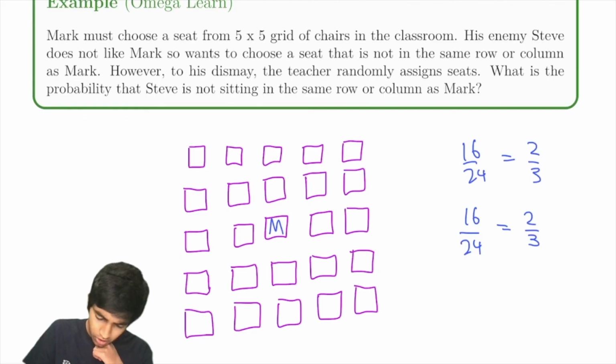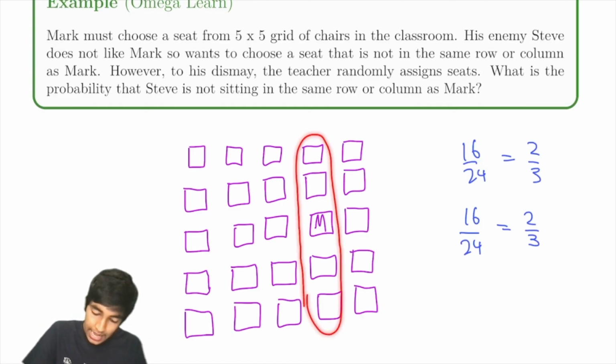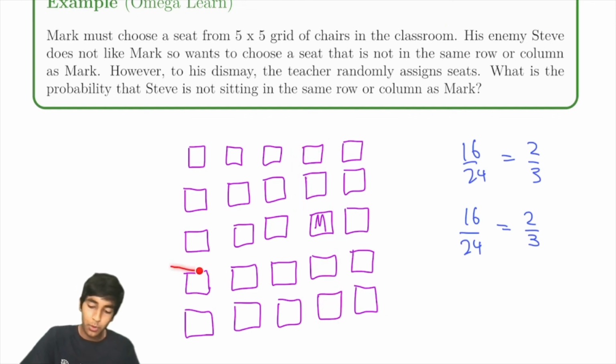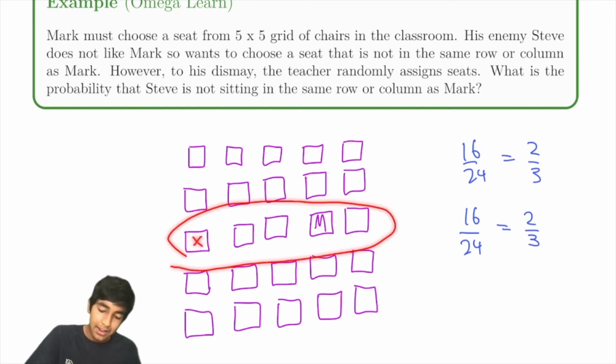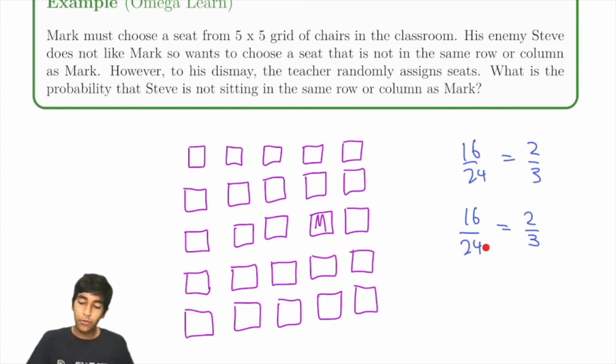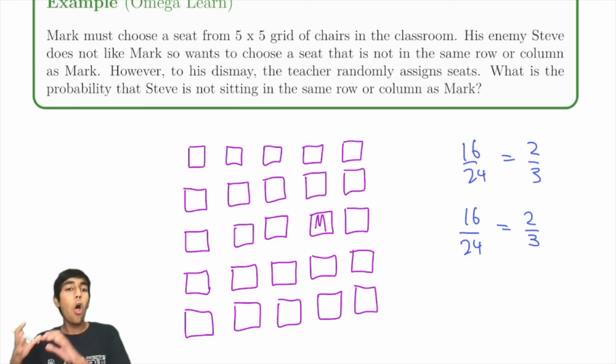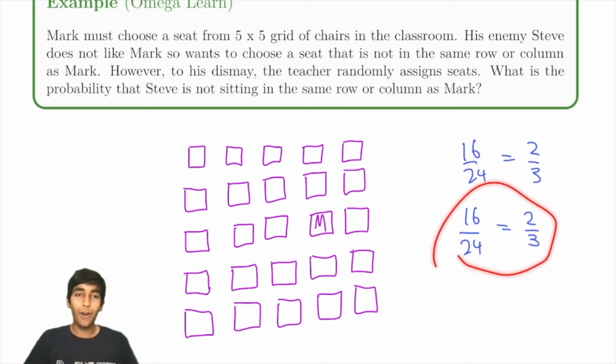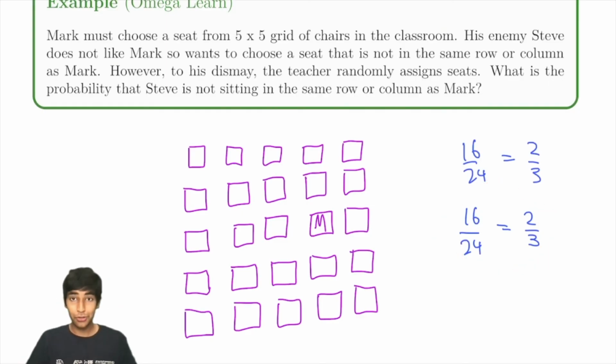Wherever Mark sits, it doesn't even matter. There are five squares in a column, so Steve can't sit at any of the other 4 squares in the column. Similarly, there are 5 squares in a row, so Steve can't sit in any of the other 4 squares in the row. So in total, out of the 24 possible seats, 8 will always not work, regardless of where Mark sits. So the probability is always 16 over 24, which equals 2/3.